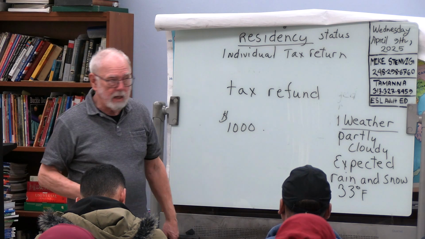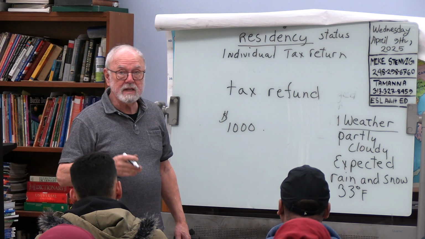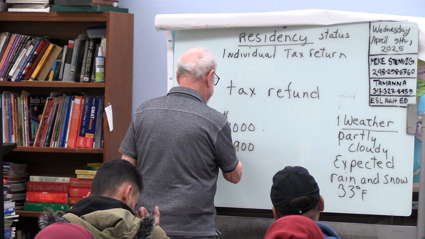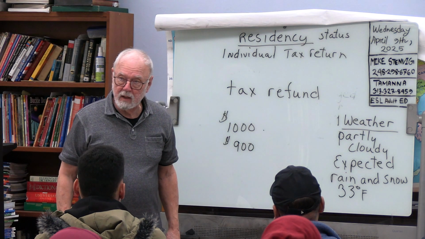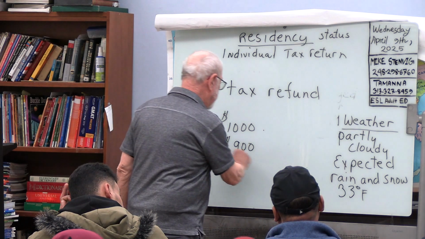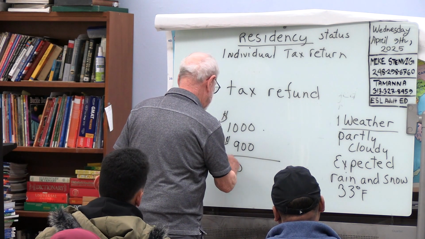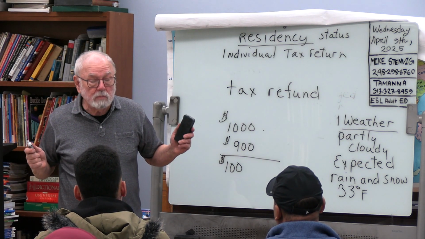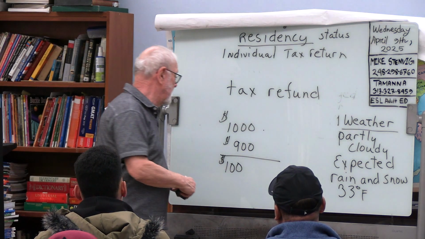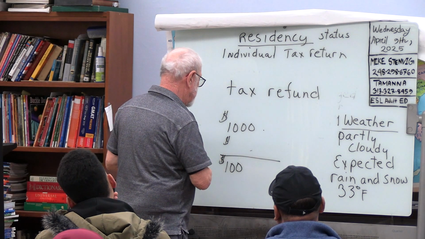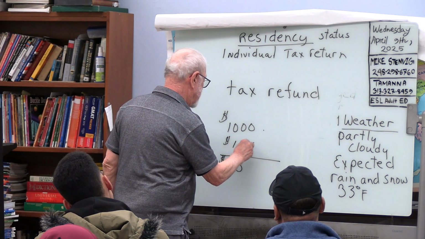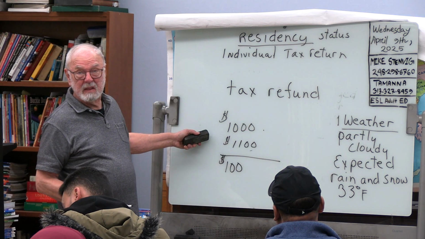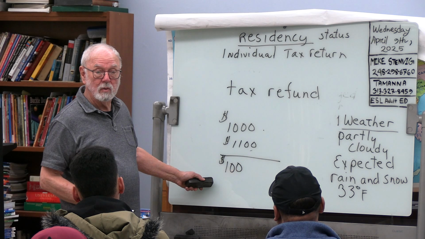And then you check and say, aha, I have exemptions, I have dependents, I only have to pay $900. You get a refund of $100. But, uh-oh, I made a mistake in my taxes. It should be $1,100. I only paid $1,000. Now what do I do?